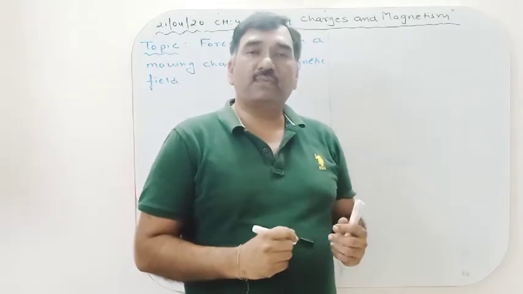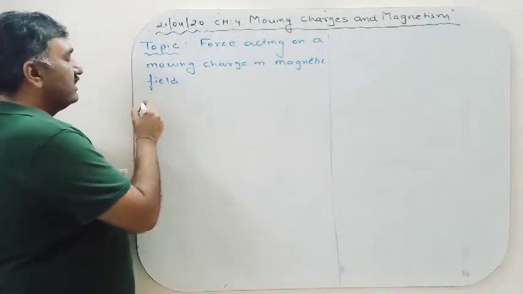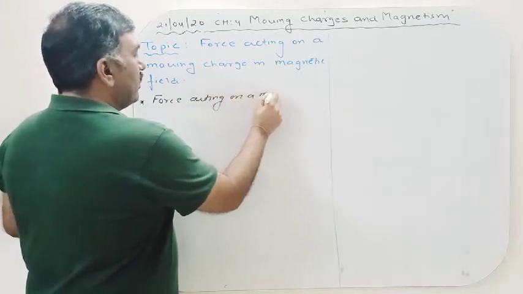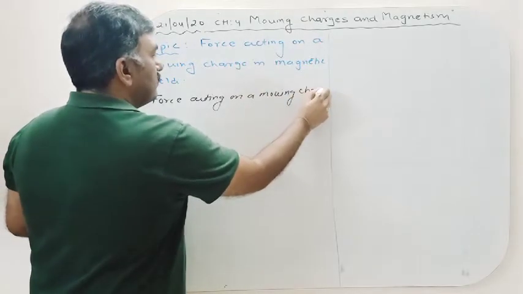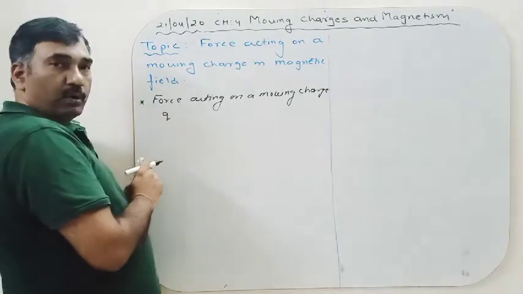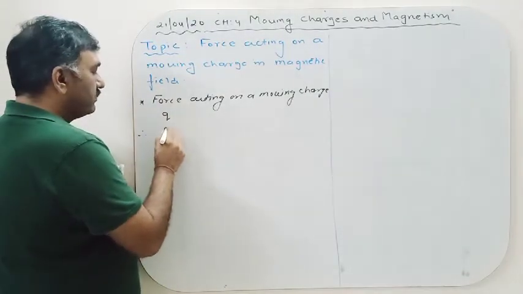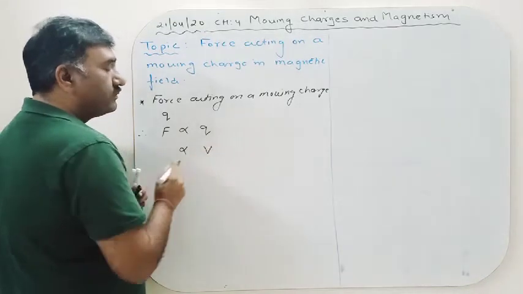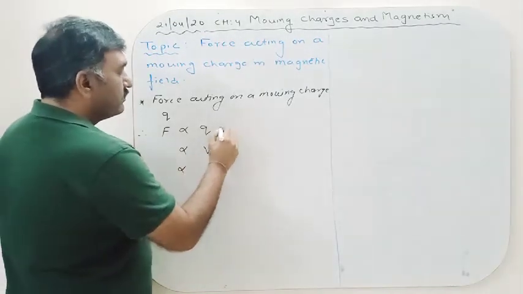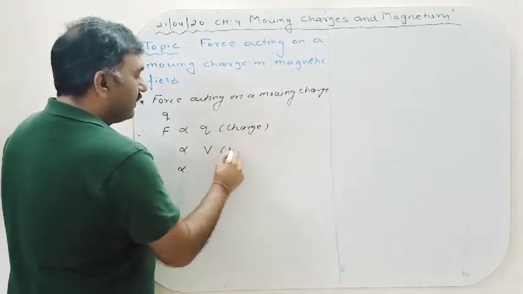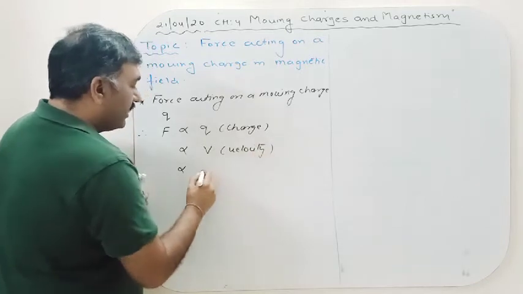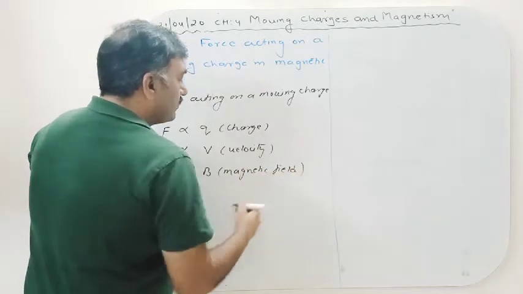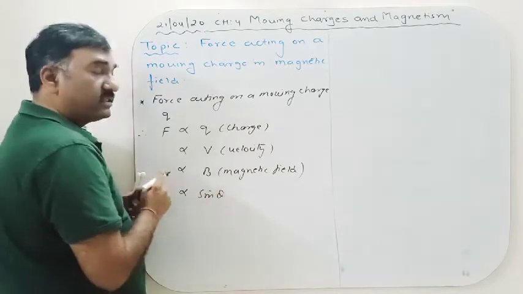Experimentally it is found that the force acting on a moving charge Q is directly proportional to the charge, directly proportional to the velocity, directly proportional to B, the magnetic field, and directly proportional to sin theta, where theta is the angle at which it enters the magnetic field.